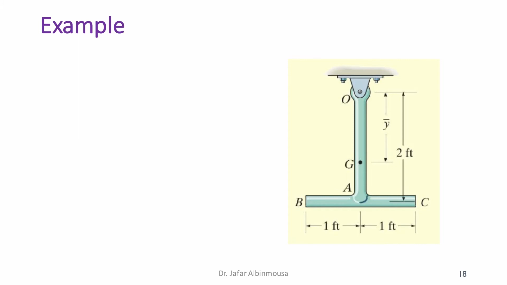Now, to solve this, we would need to determine the moment of inertia for each rod about point O. Now, the equation for a moment of inertia of a rod rotating about point O, which is the end of the rod, not its center of gravity, is this.